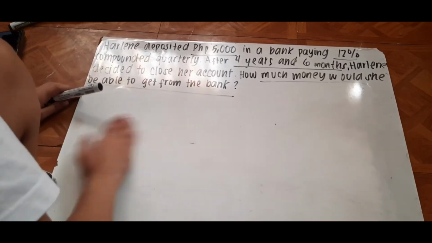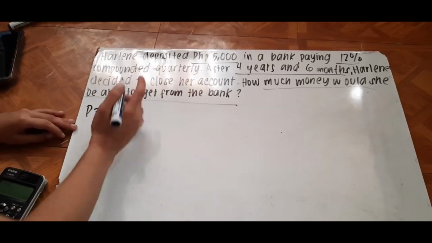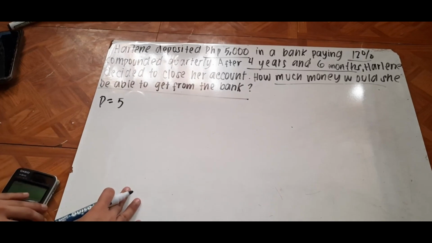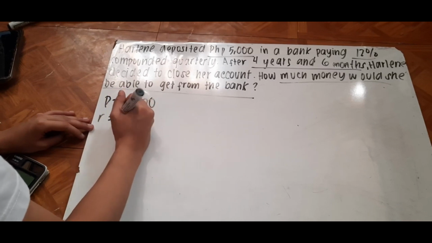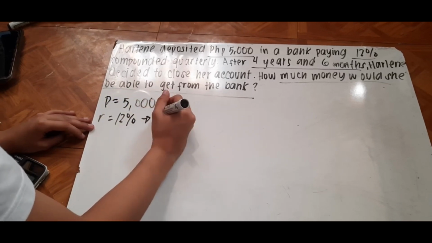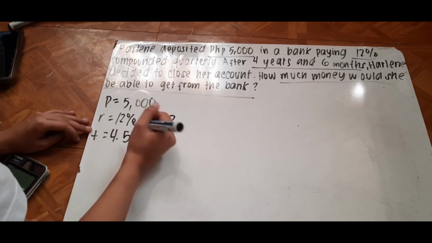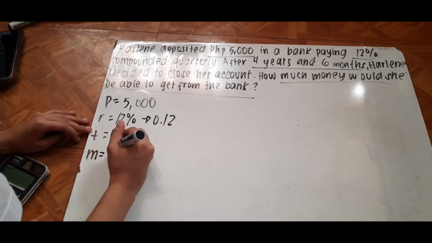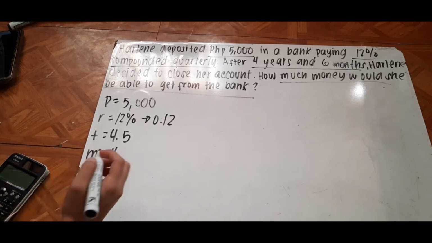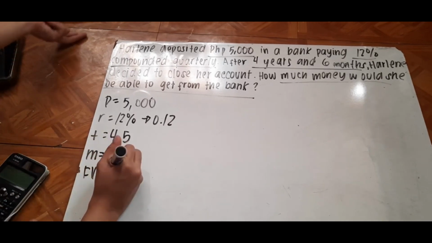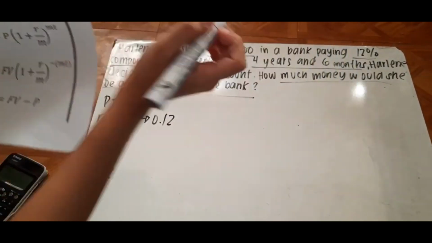Now that we have our time, we can now solve for the future value. So principal is 5,000. Rate is 12%, but in decimal form, it's 0.12. Time is 4.5. And M is 4 since it said compounded quarterly. Now we're looking for the future value. This is the formula for future value. So let's write that down.